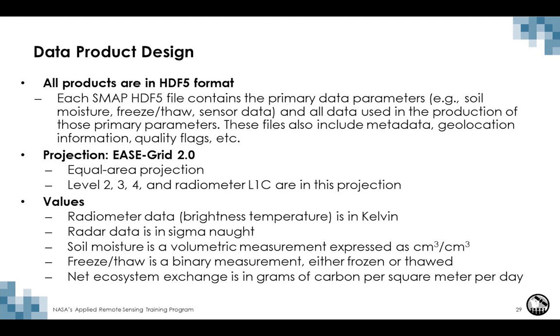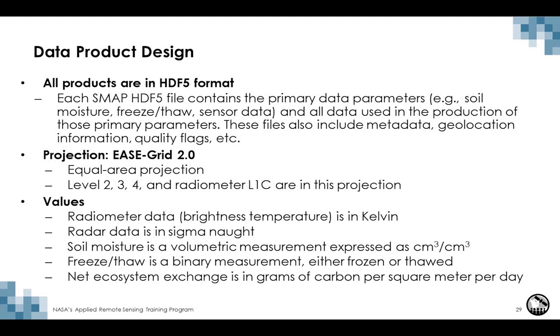So these are files that include metadata, geolocation information, quality flags, etc. The data are in EASE-Grid projection. That's an equal area projection. And finally, the values, as mentioned before, for soil moisture, they're volumetric. It's a volumetric measurement expressed as centimeter cubed over centimeter cubed.